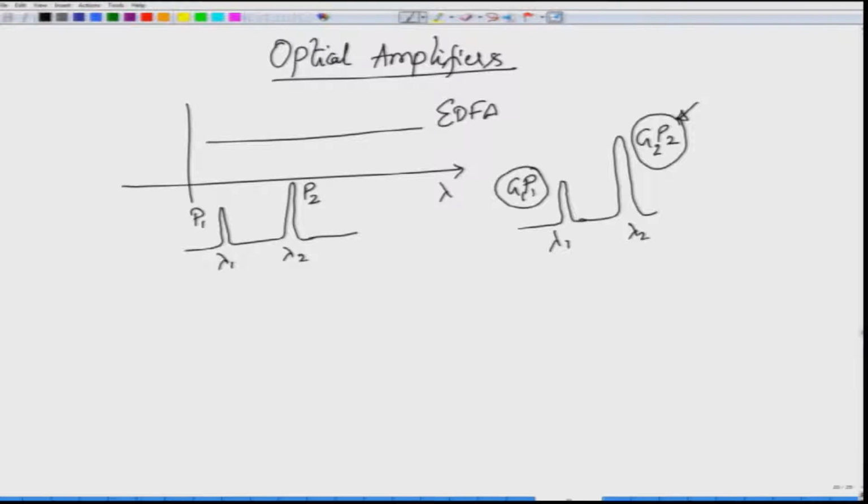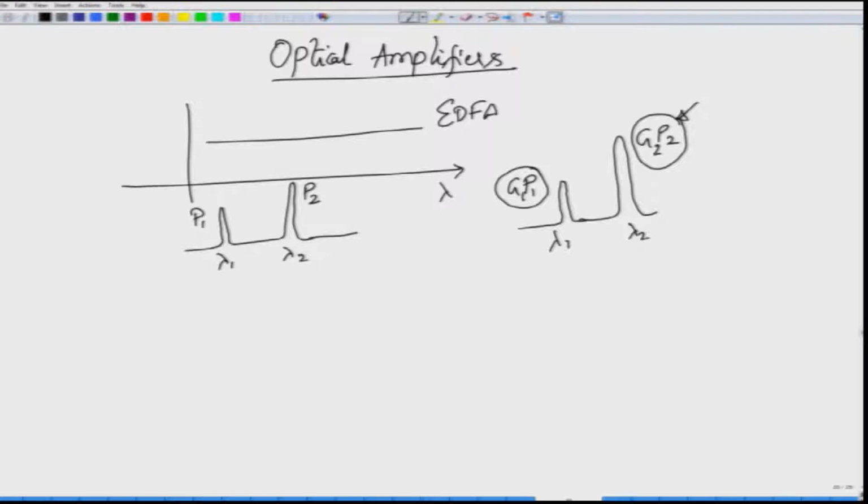This is a problem that is very pronounced in a semiconductor optical amplifier, leading in fact to loss of a certain signal. Instead of a gain, your actual signal might simply disappear because one of the signals occupies the entire gain.